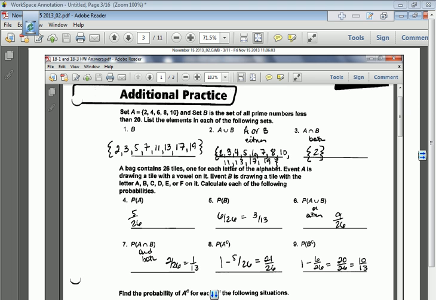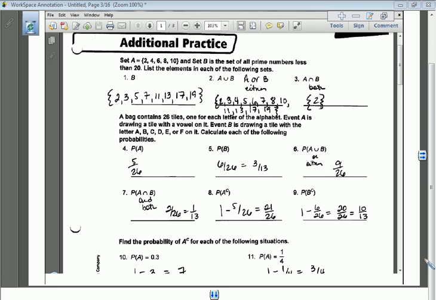All right. Okay, let's take a look at your workbook from last night. I think it was 425.